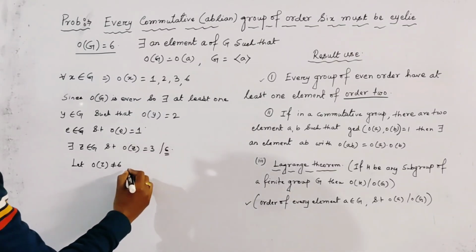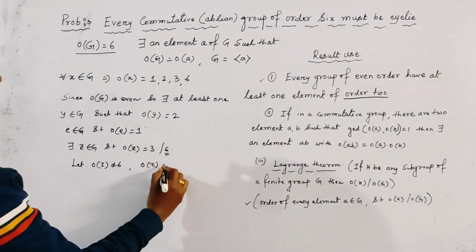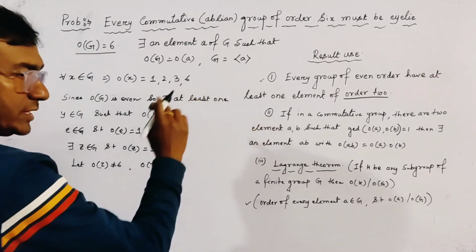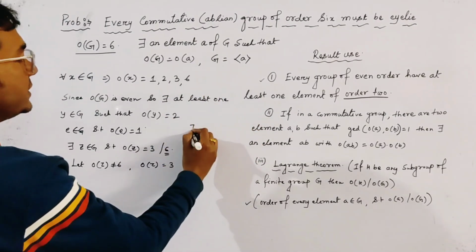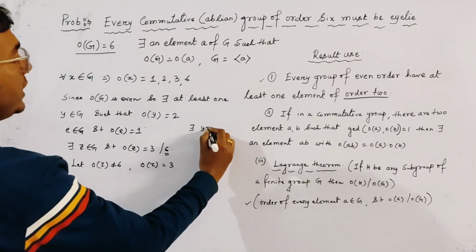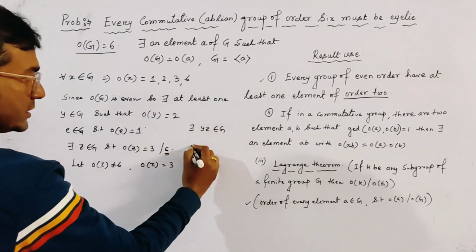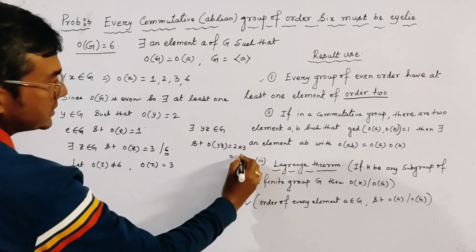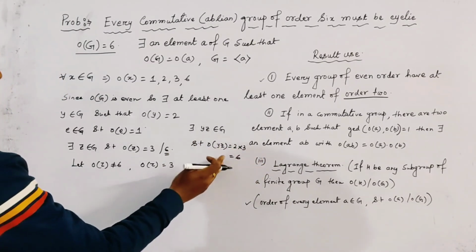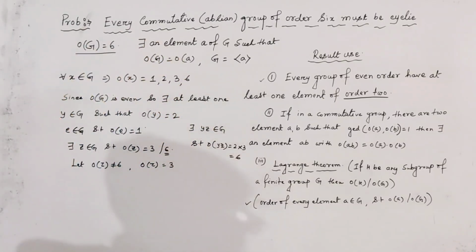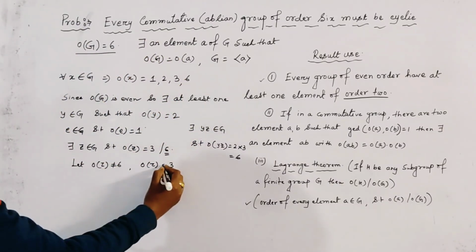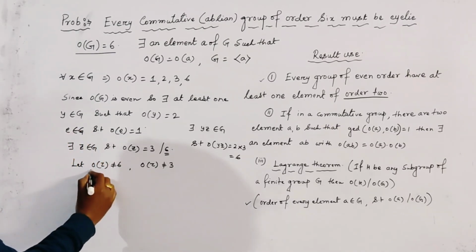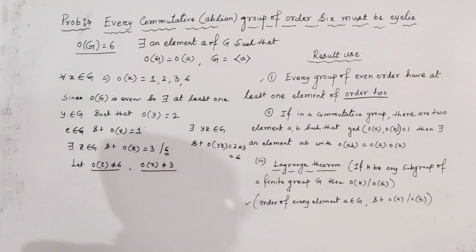Now if the order of Z is equal to 3, then by the second condition there exists an element YZ such that the order of YZ is equal to 2 times 3, which is 6. So in this case also G is cyclic. So we also let the order of Z not be equal to 3.